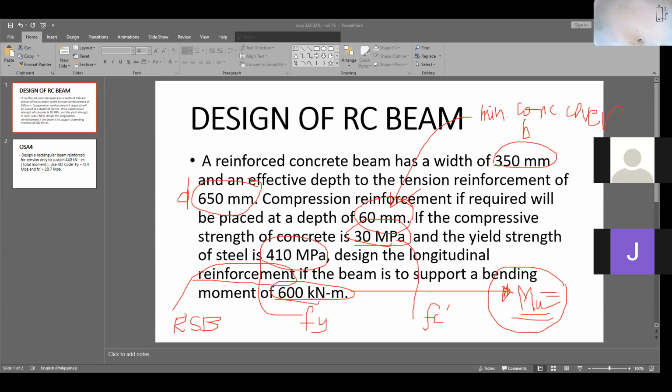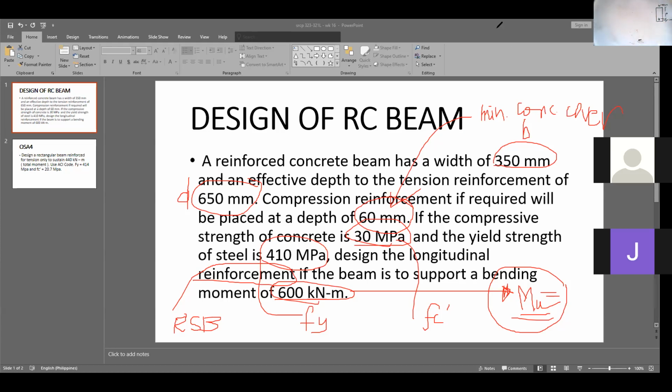The value for b here is 350 mm, and the effective depth is given, 600 mm. And the minimum concrete cover, this one is the minimum concrete cover. In this particular case, we are given 60 mm for the minimum concrete cover.